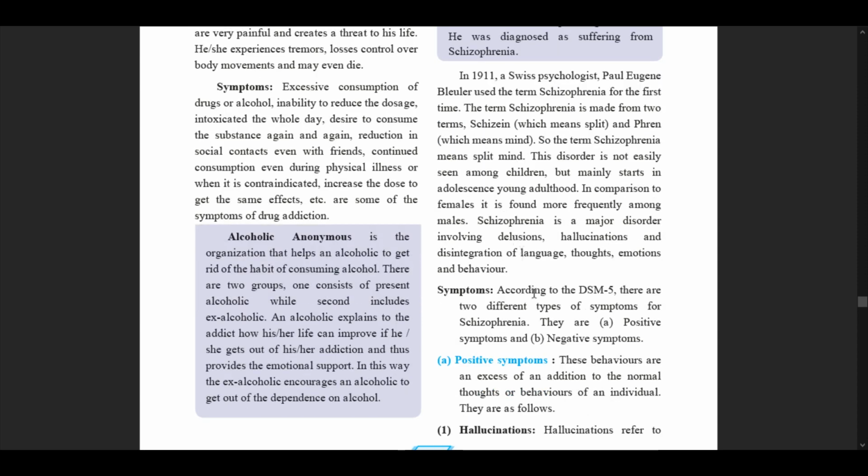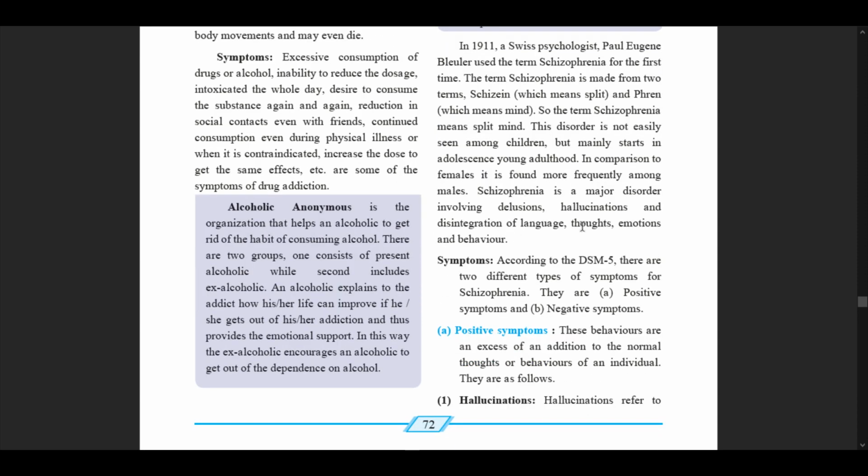So firstly we'll start with our positive symptoms. These behaviors are an excess or an addition to the normal thoughts or behaviors of an individual. They are as follows. So they are an excess. That means they are not what actually happens.